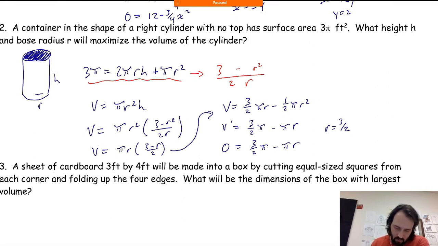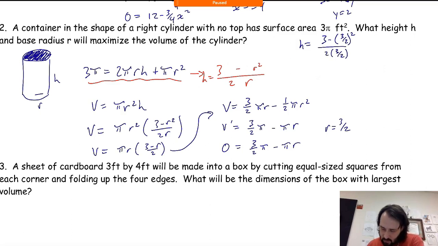So when r is 3/2, I can plug that in to find the relationship with the height, which my height was equal to this. So I have height is equal to 3 minus 3/2 squared over 2 times 3/2.